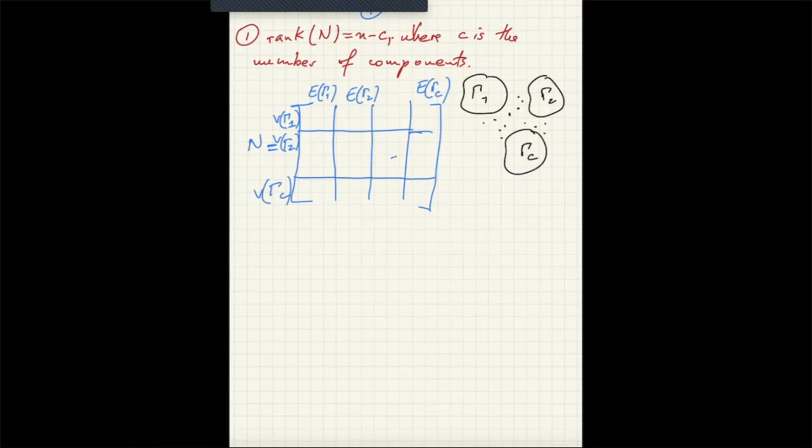Now, because there are no edges between these components, there are no edges between gamma 1 and gamma 2. So here I will get zeros: 0, 0, 0. So it's kind of like a block diagonal matrix.